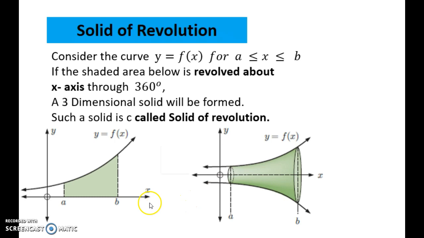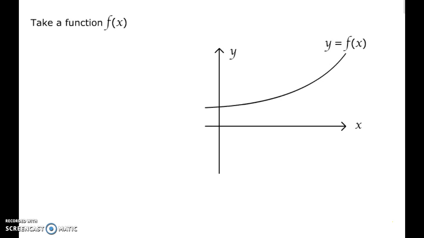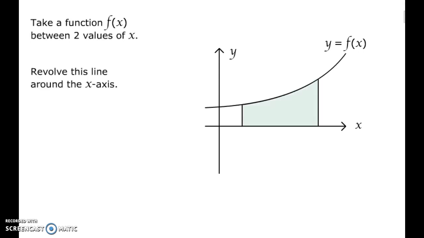So let's talk about it in detail. Let's take a function f(x). It's similar to the previous one, y equals f(x) between two values of x, as we assumed, a to b. Now if you revolve this line around the x-axis, you'll see the revolution happening here.